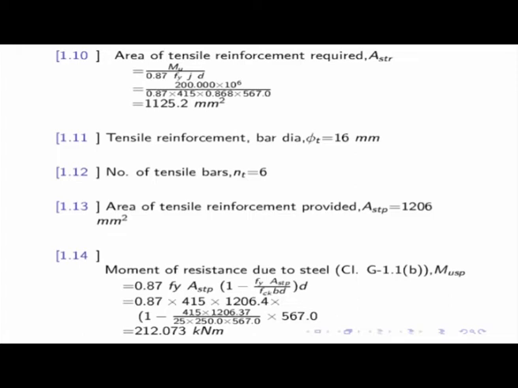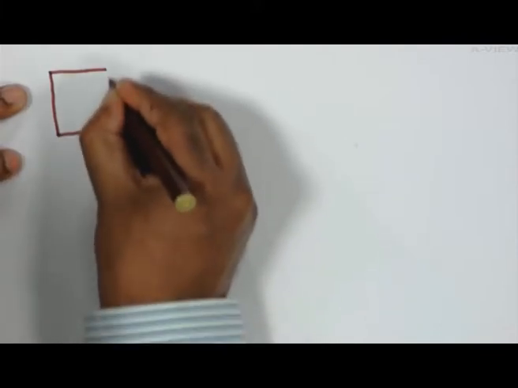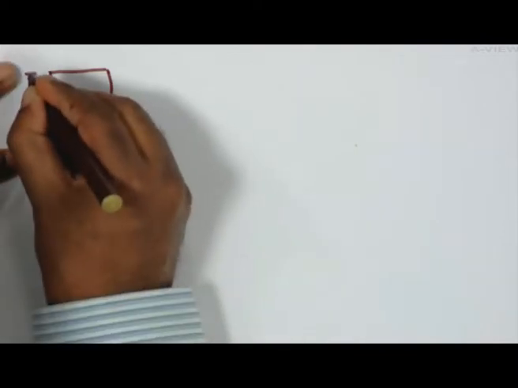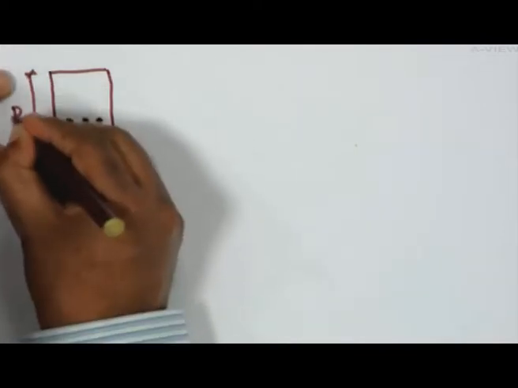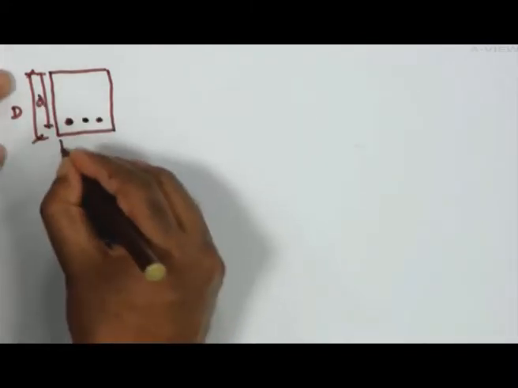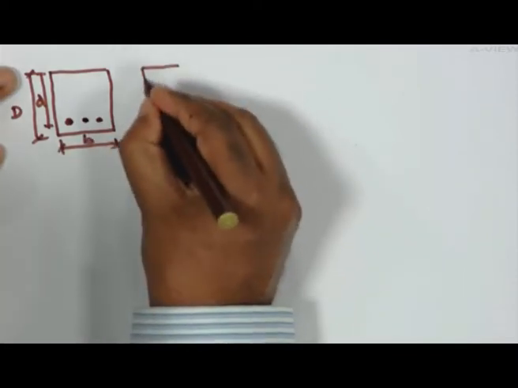So area of tensile reinforcement required is Mu by 0.87 fy j d. Just to give you an idea of what exactly it means, we have a section. This is the area of steel I have to provide, this is my overall depth D, this is b. The section looks like this.